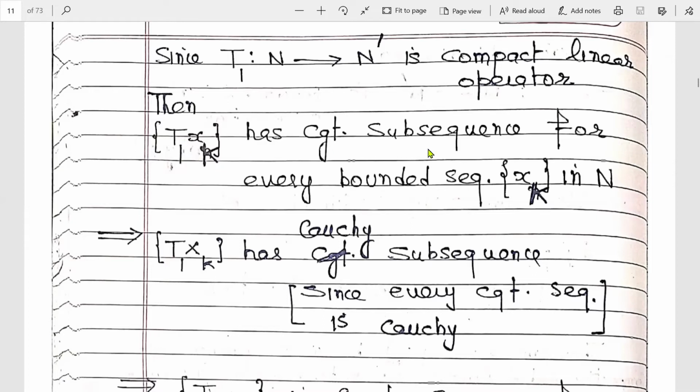Then T1xk has a convergent subsequence for every bounded sequence xk in N, by the definition of a compact linear operator.